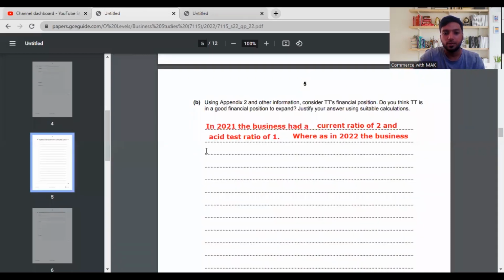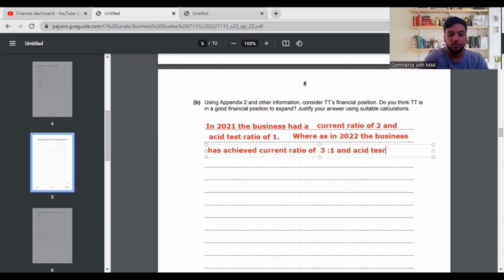So in 2022, the business has achieved a current ratio of 3 to 1. And acid test ratio. So what is the acid test ratio, guys? It's 2 to 1.